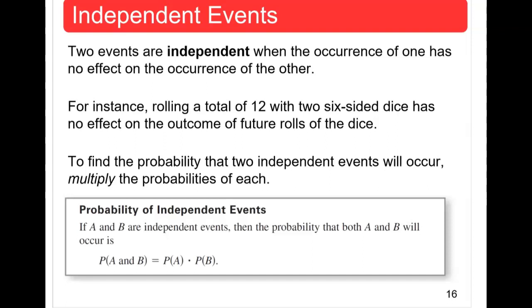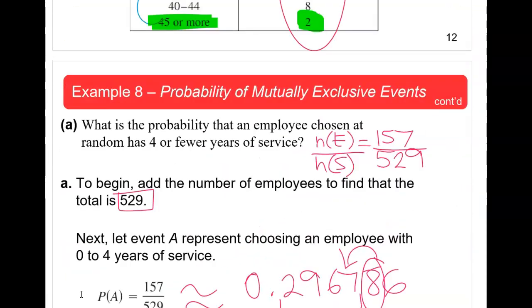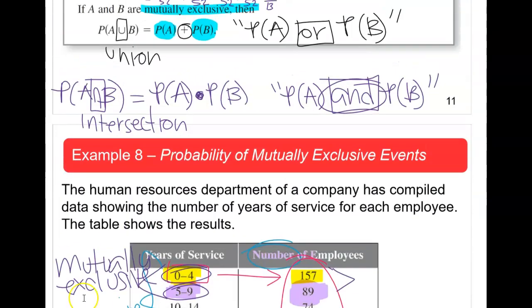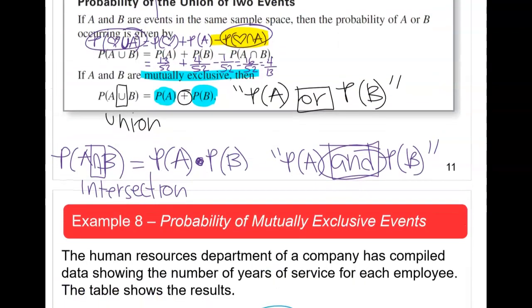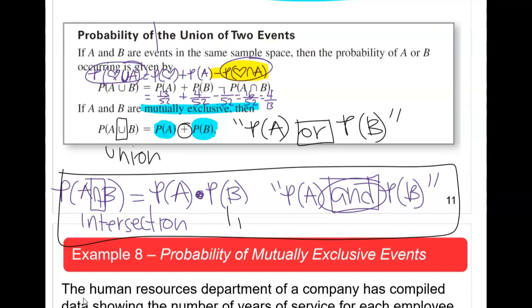And actually, I want to go back and correct that over here. I was probably doing this too fast, because this will be for an independent event, like the slide that we're on.